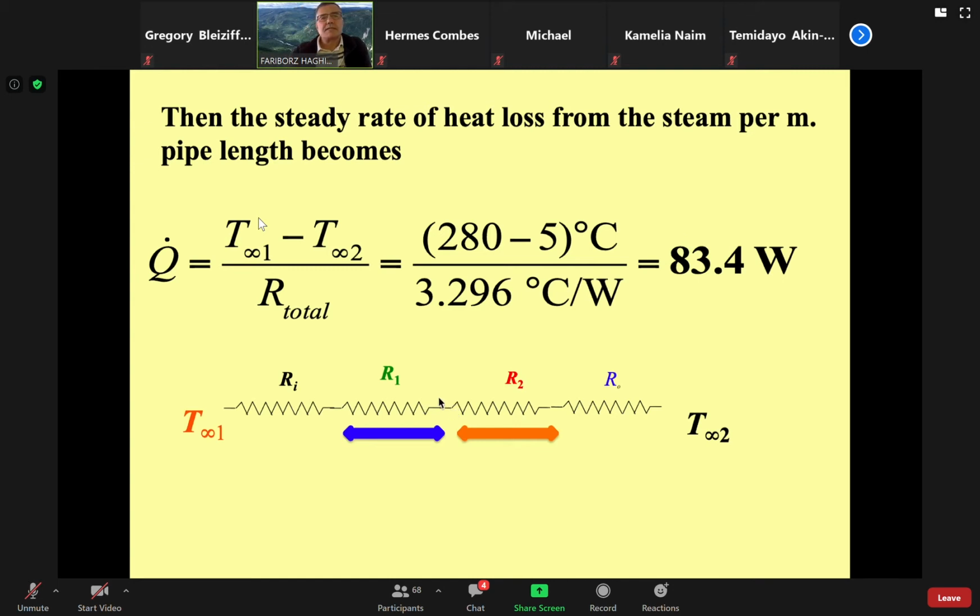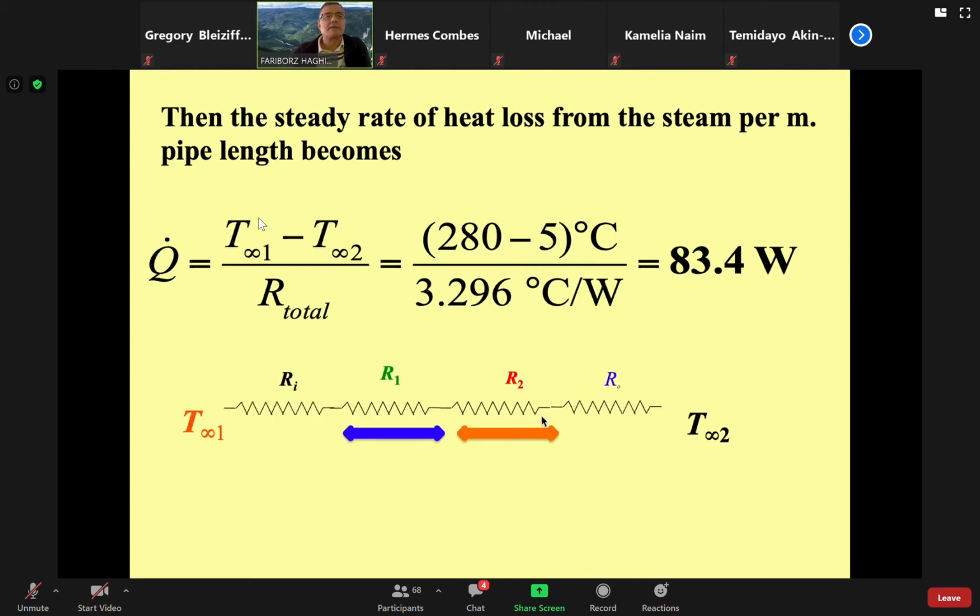I know the resistance here because I calculated R1. Therefore, I can easily calculate the temperature drop across here. 83.4 multiplied by R1 gives me the temperature drop here. 83.4 multiplied by the value of R2 gives me the temperature drop here.